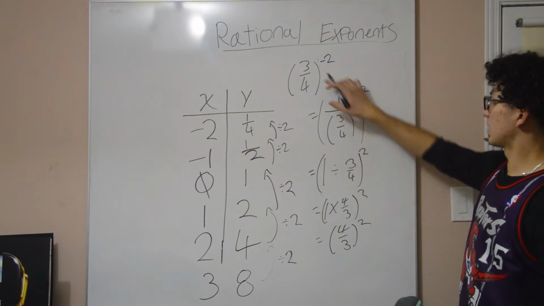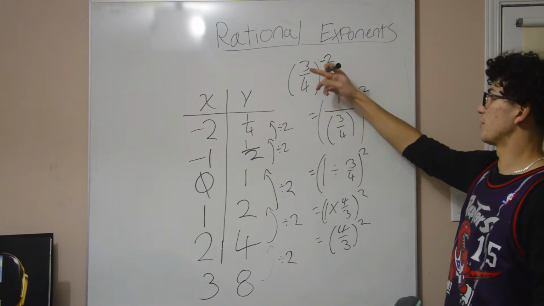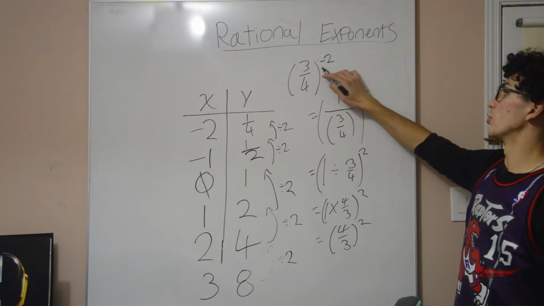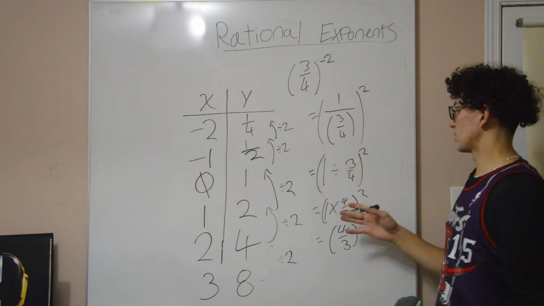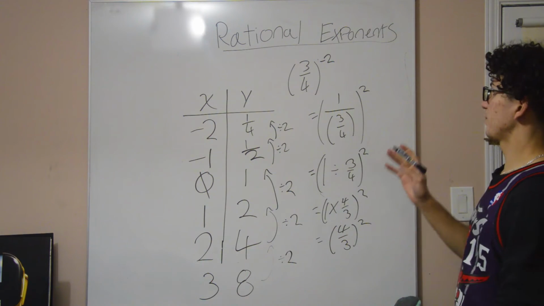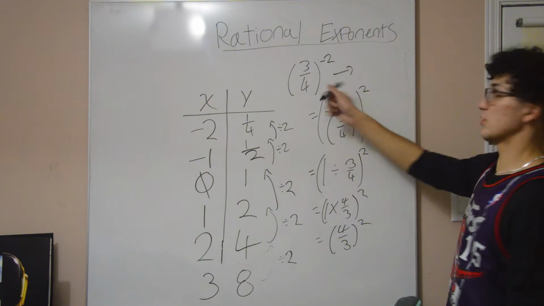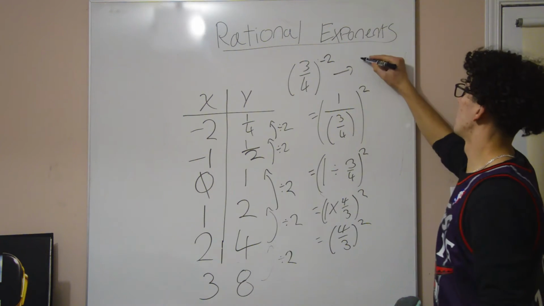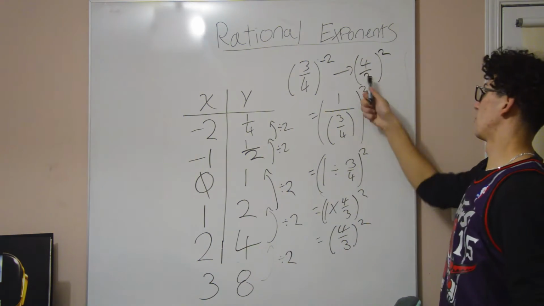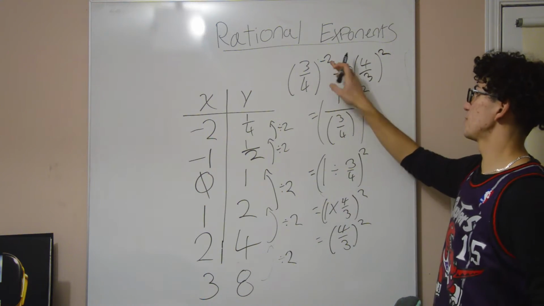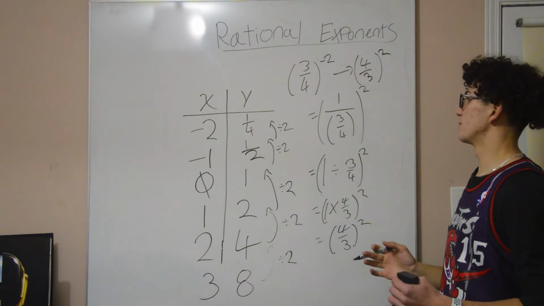I'm hoping you see that 4 over 3 squared is just a flip of 3 over 4 with a positive exponent. That's the little shortcut, with the math behind it. When you see something simple like this, you can very easily look at it and say, okay, that's the same as 4 over 3 squared. All I did was flip it, and change the exponent to a positive.